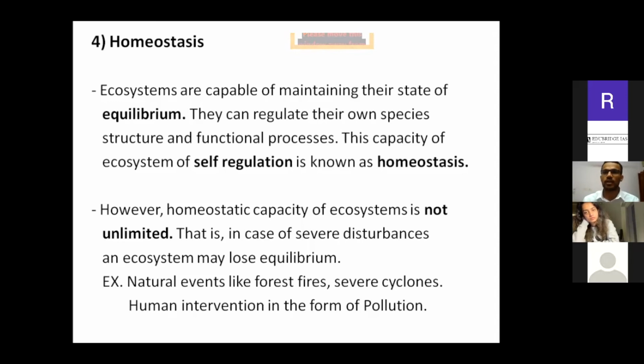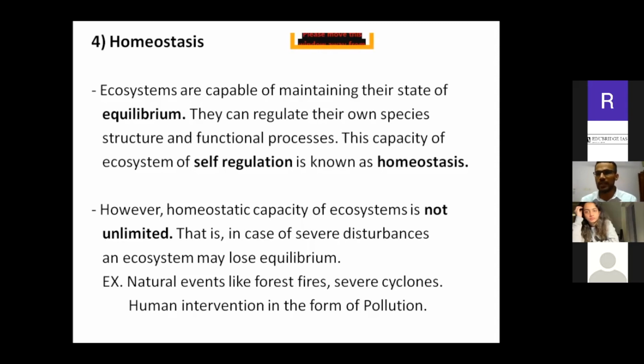And because of that, those koalas and kangaroos were compelled to shift to other habitats. Fine. So homeostasis is not infinite ability, it is limited ability of the ecosystem. So that is the natural reason.